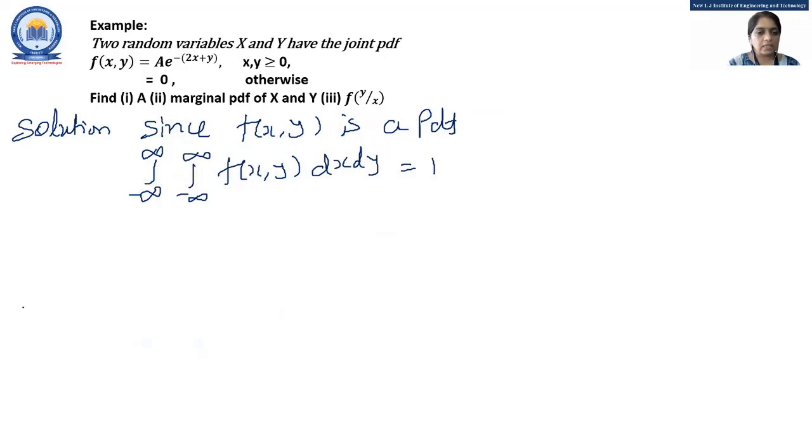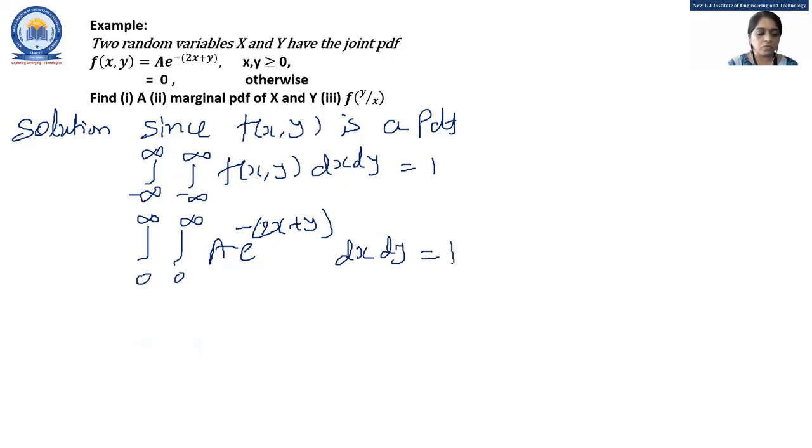As you know, x and y both are greater than or equal to 0. So from 0 to infinity for both the integrations, a e to the power minus (2x plus y) dx dy is equal to 1.